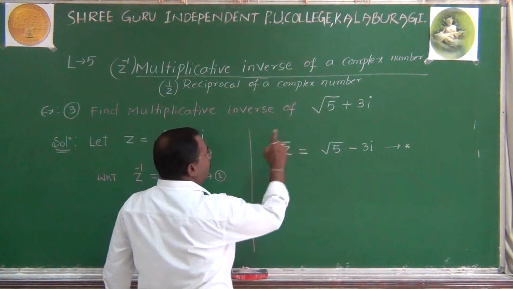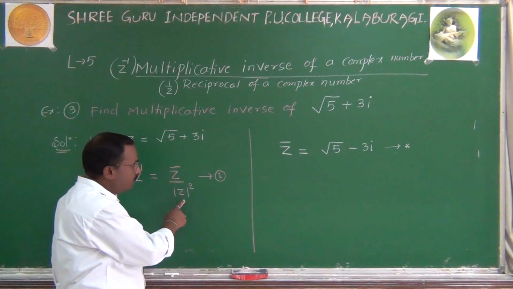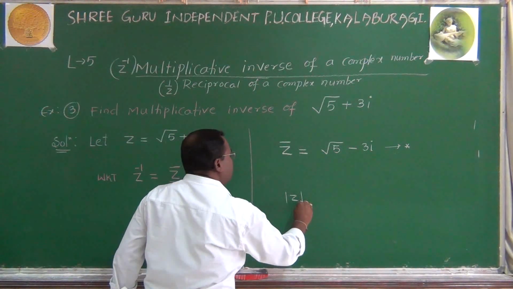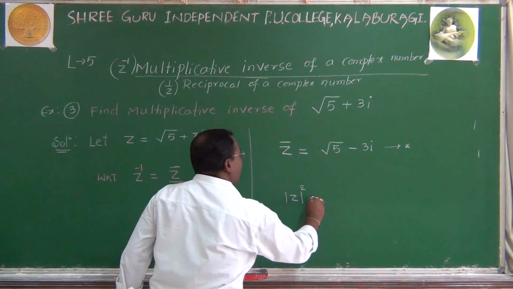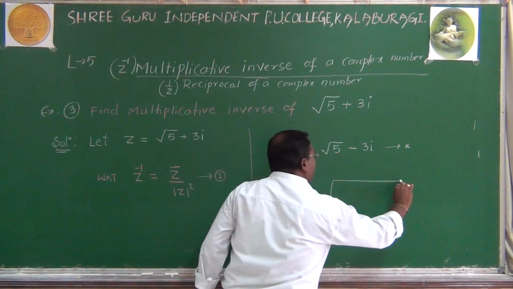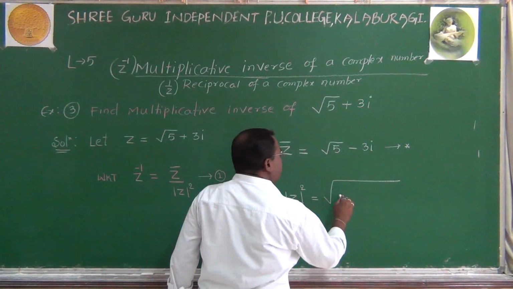Next, to find the value of modulus of z whole square: modulus means square root of real part square plus imaginary part square.